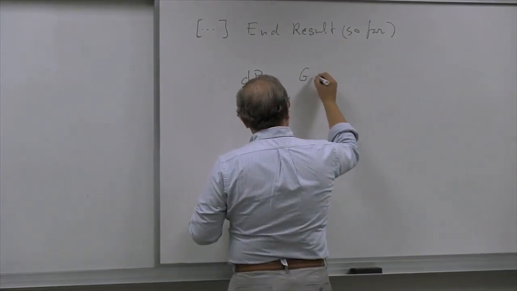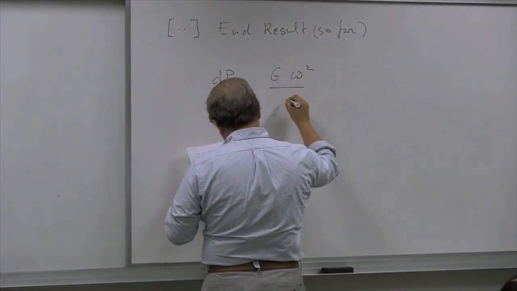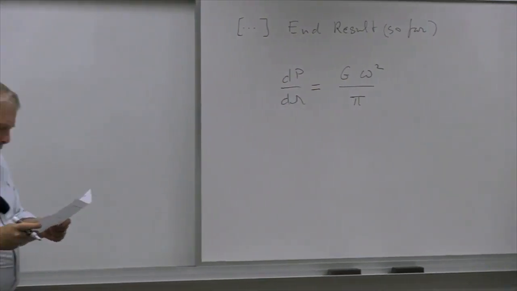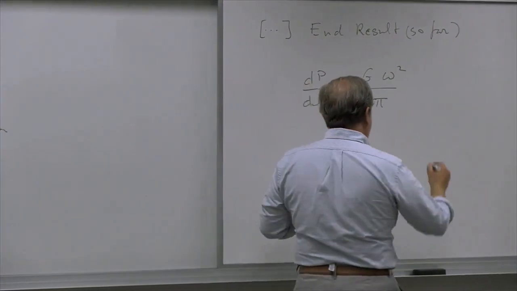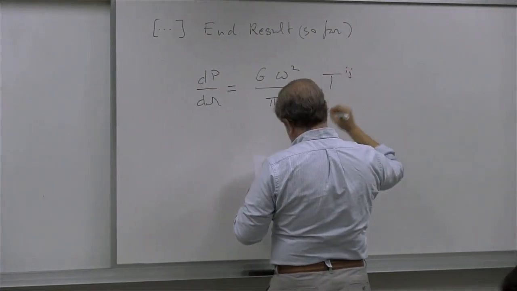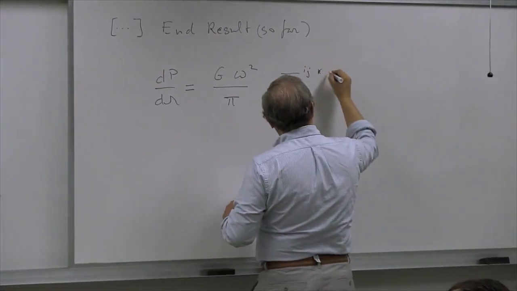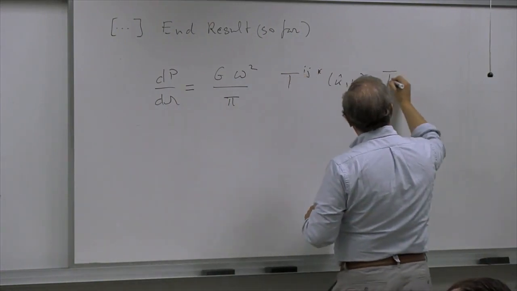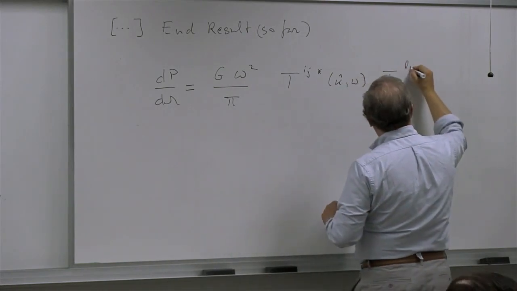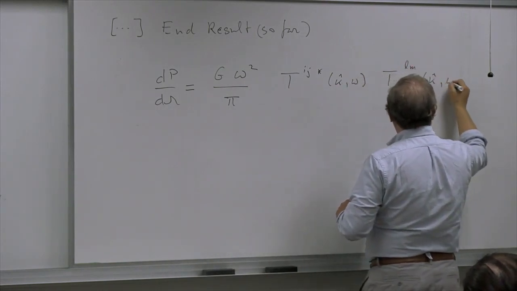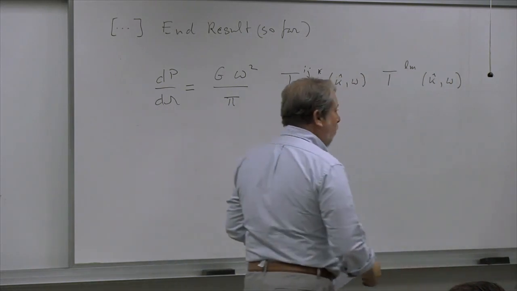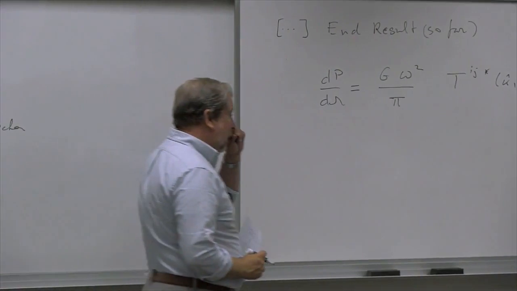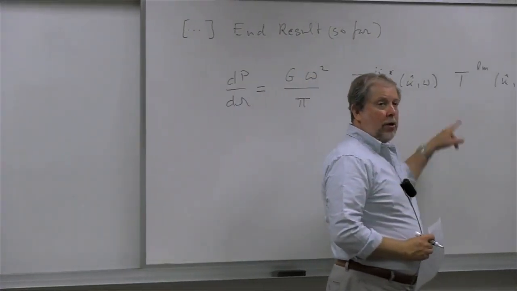So it's G times omega squared divided by pi. The G, of course, is always there. And times T ij star of k and omega times T lm of k and omega. Remember, it's proportional to the amplitude squared of the wave, so it's proportional to the energy momentum squared.